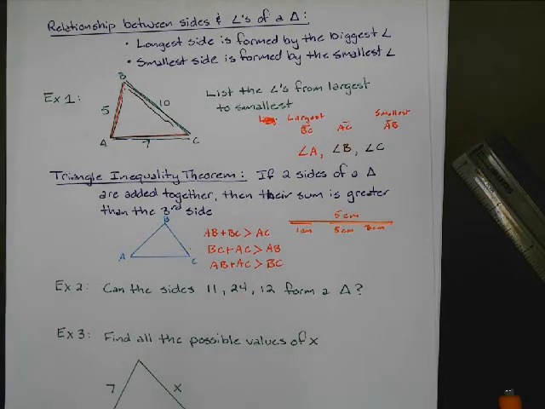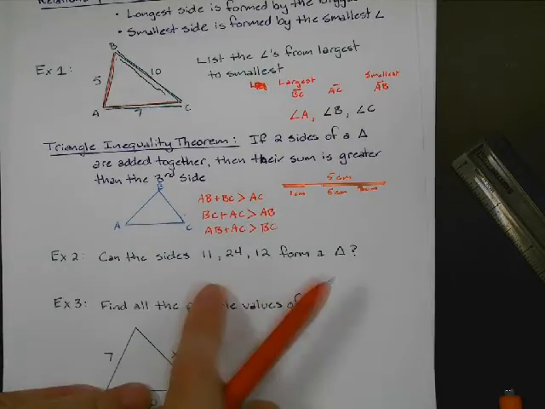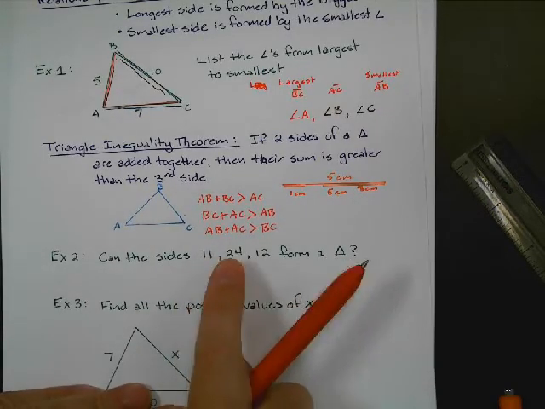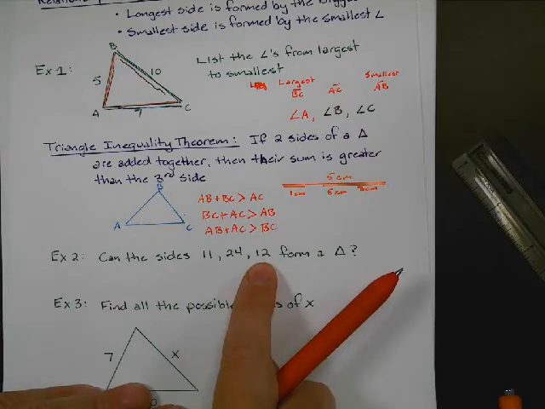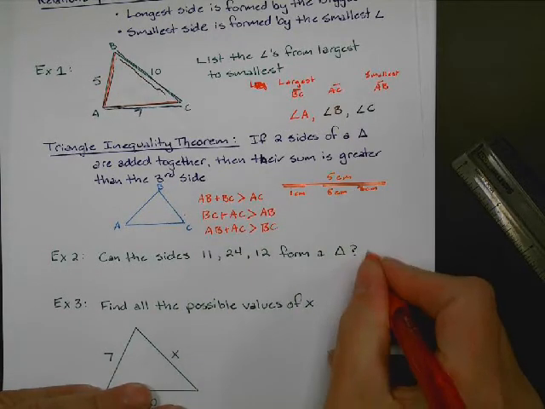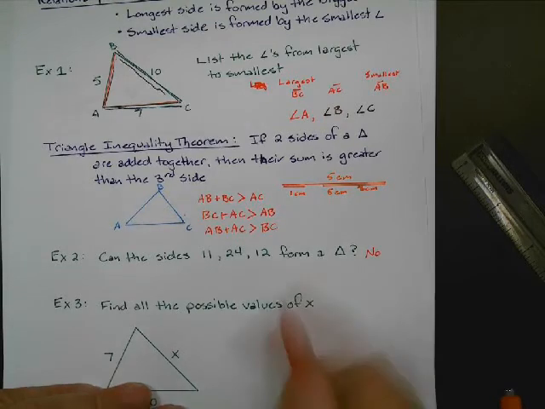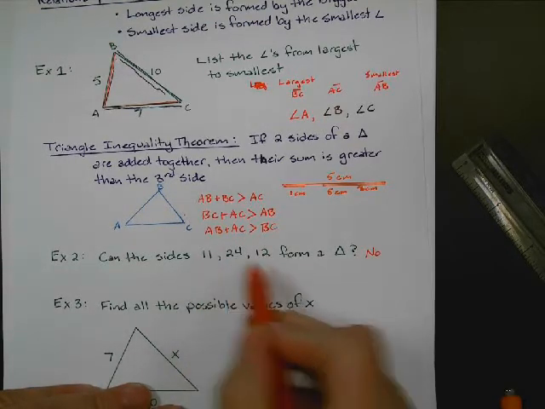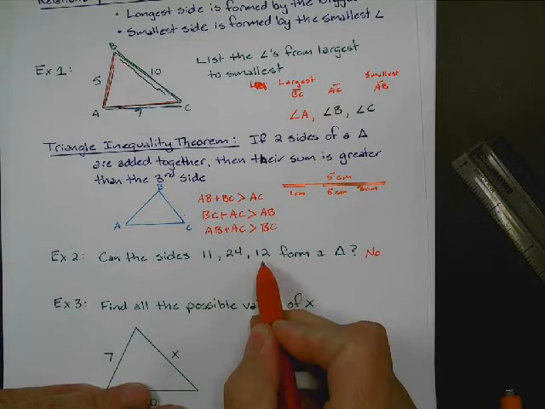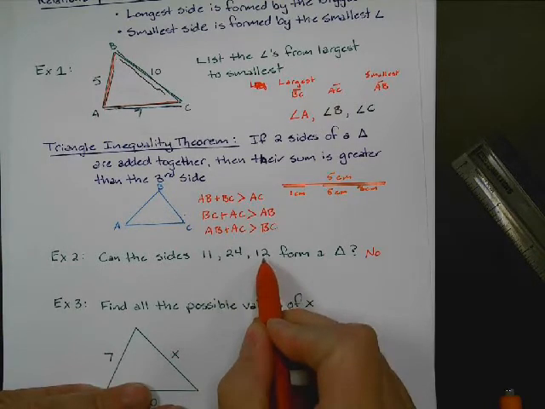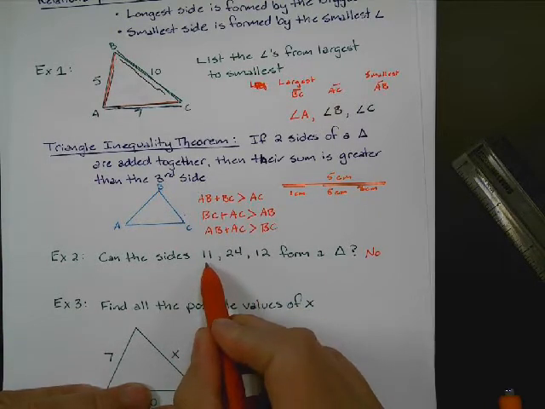All right, so this one says, can the sides 11, 12, and 24 make a triangle? The answer is no, they would not form a triangle. Well, you might say, why? Because 11 plus 24 is bigger than 12. That's true. And 24 plus 12 is bigger than 11. That's true.